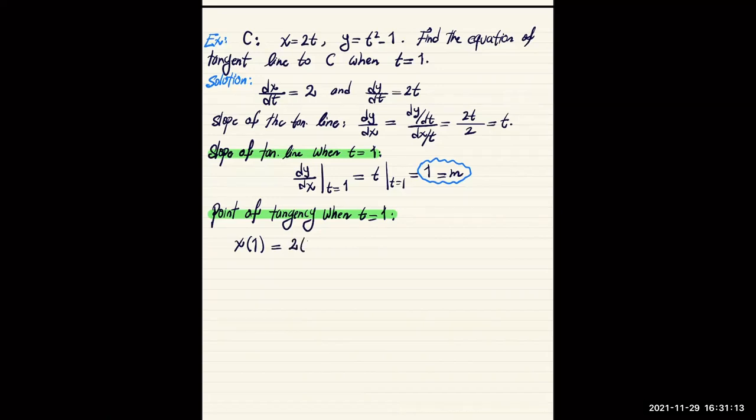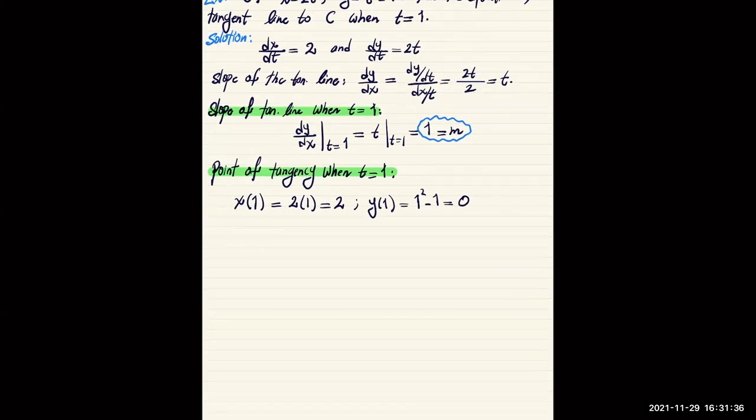At the moment when t is 1, x is going to be 2. Likewise, y at 1 is 1 squared minus 1, and that's equal to 0. So here the point of tangency on C is 2 for x, 0 for y.